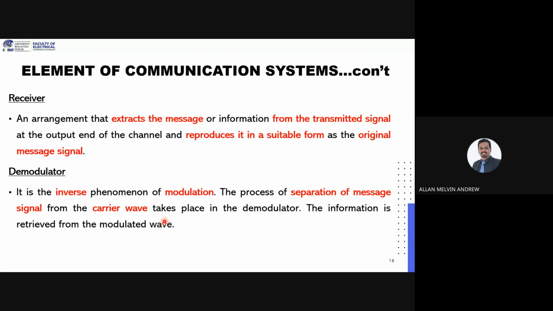So once you reach Kuala Lumpur, you need to get down from the aeroplane in order to continue. You cannot bring the aeroplane along with you. So the aeroplane will be at the destination place. You need to detach yourself. So the separation of the message signal from the carrier wave, that is what we call demodulation. It is happening in the demodulator.